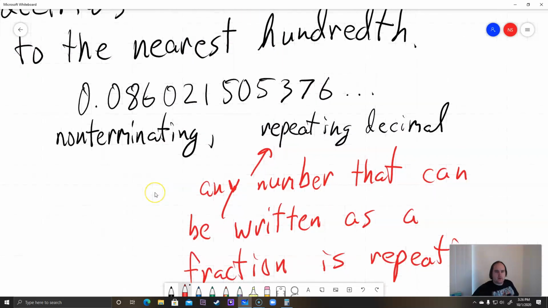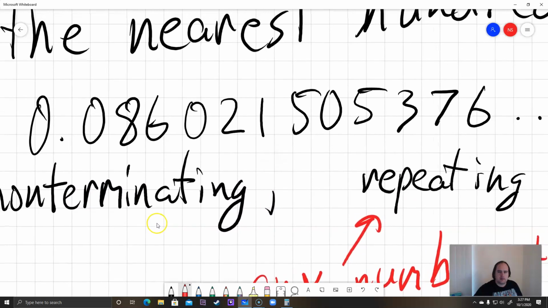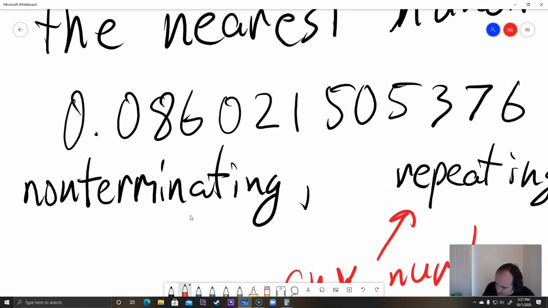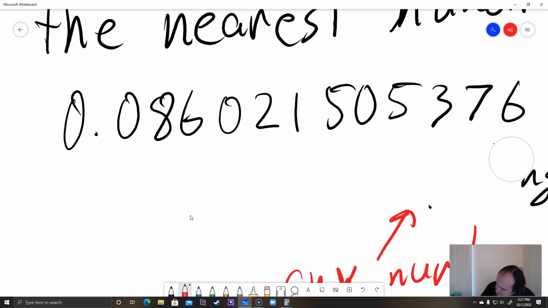So which ones are hundredths? Let me zoom in a lot, and I'm going to erase this to give myself some room. Just in case you don't remember, the way digits work is to the left of the decimal point, it's tens, hundreds, thousands, 10,000s, 100,000s, millions, and so forth.